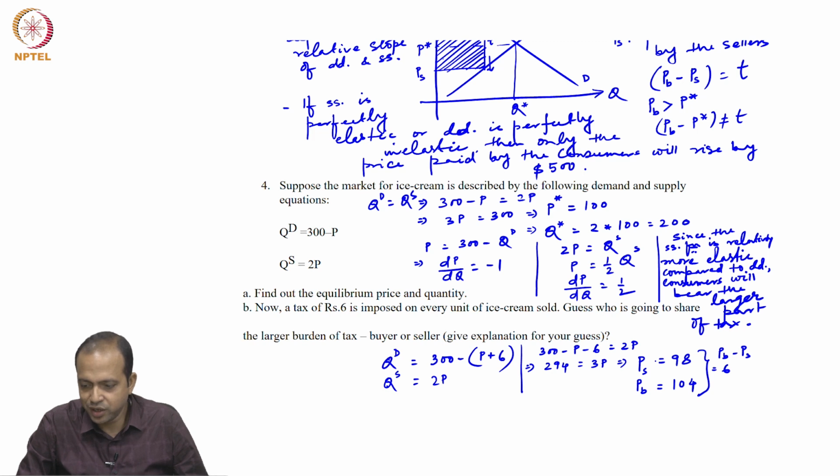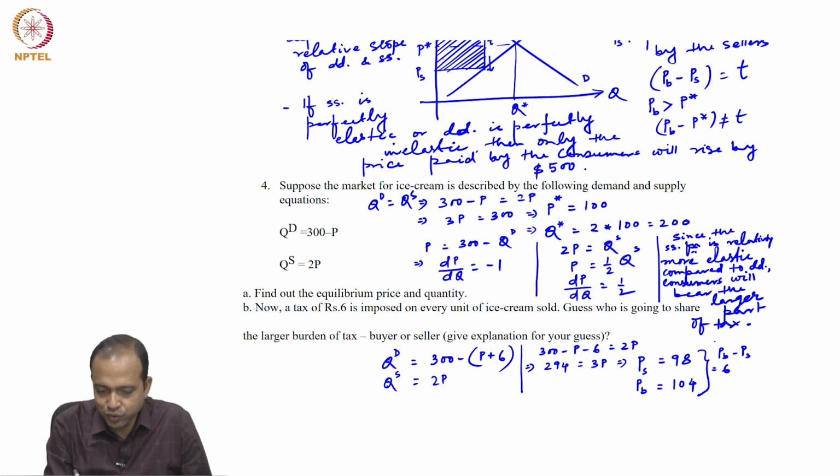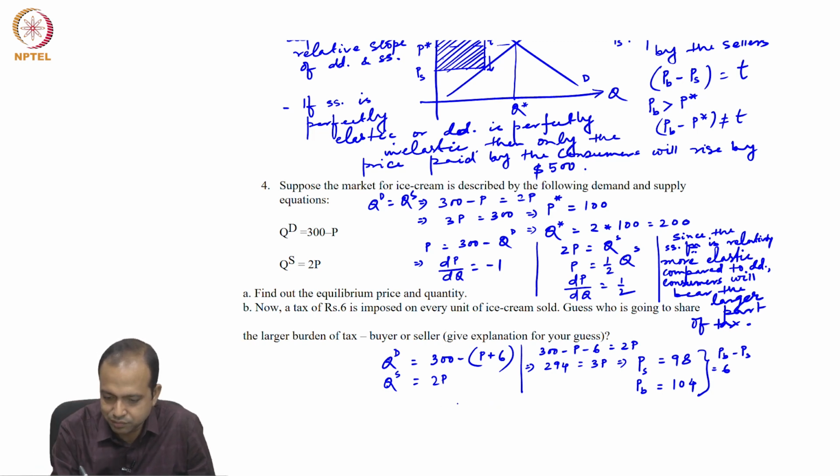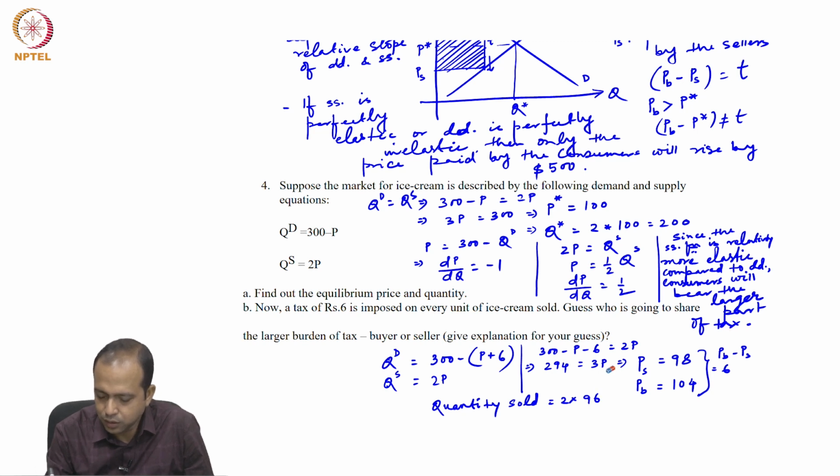You can find that out: quantity sold in the market is 2 into PS, equals 2 into 98, equals 196.